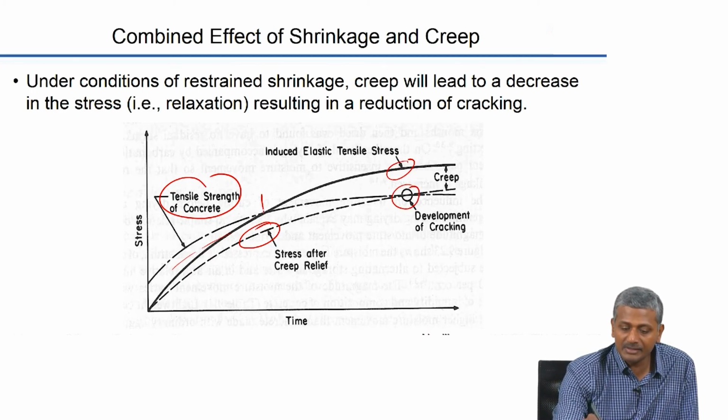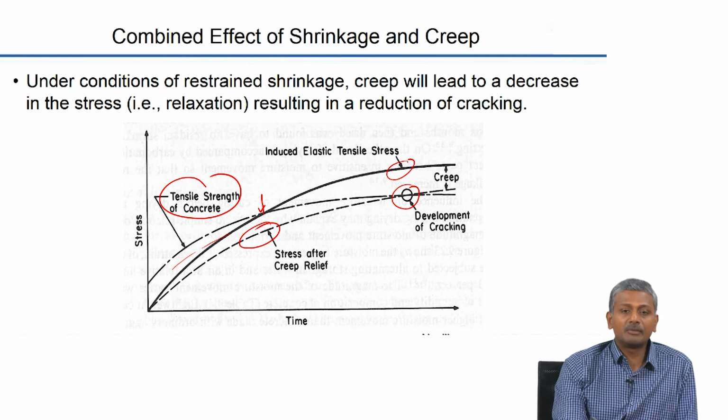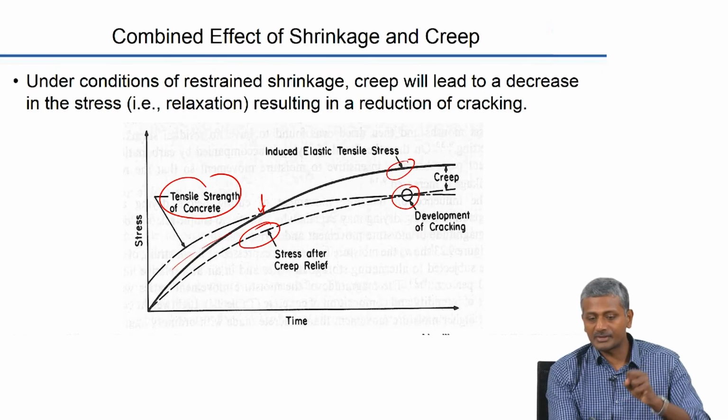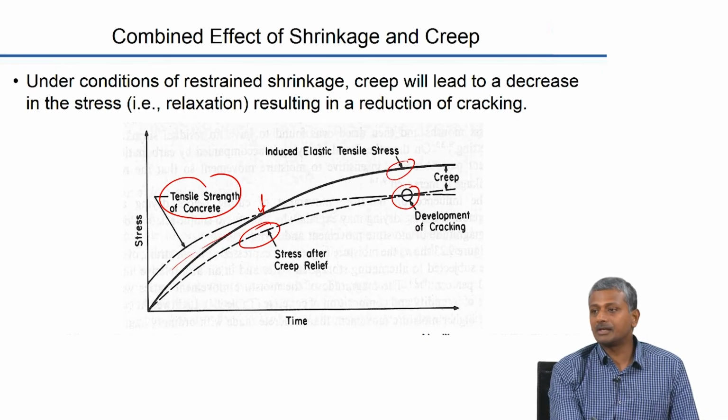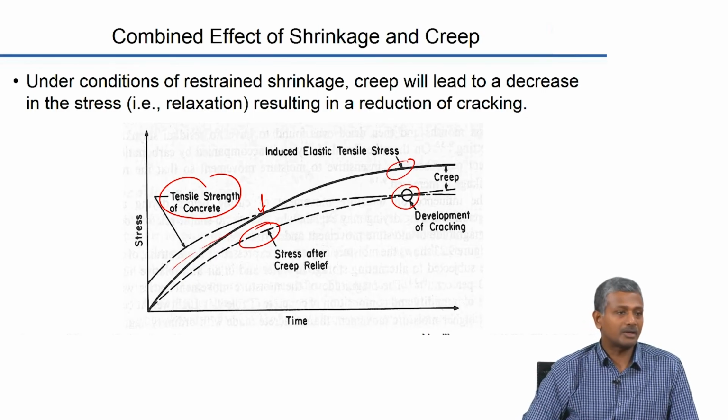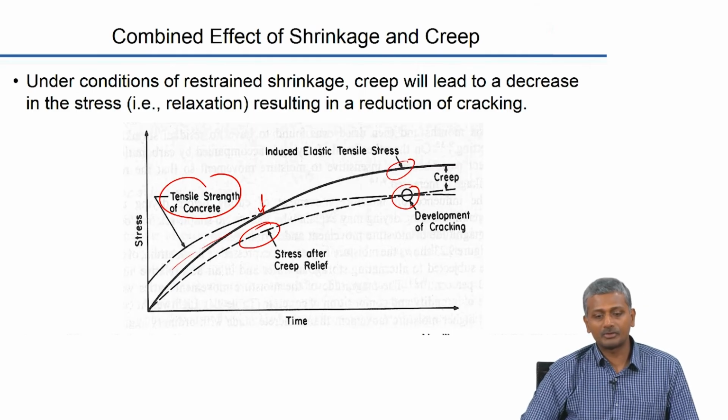In normal circumstances, the crack should have developed here, when the induced elastic tensile stress exceeds the tensile strength of the concrete. But because of this combined effect of shrinkage and creep, you get an extension over which cracking occurs in the system. So, this is a positive response of the combination of shrinkage and creep.